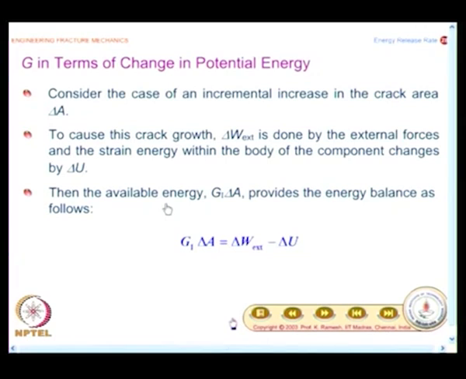Since we have already looked at what is energy release rate, I could write the energy balance in this fashion. If I do not know what is energy release rate, we would write this on the left hand side and write this on the right hand side. Since in our development we have already looked at what is energy release rate, we could write G1 into delta A, to denote that we are discussing the mode 1 situation, that is equivalent to change in external work done minus change in strain energy.